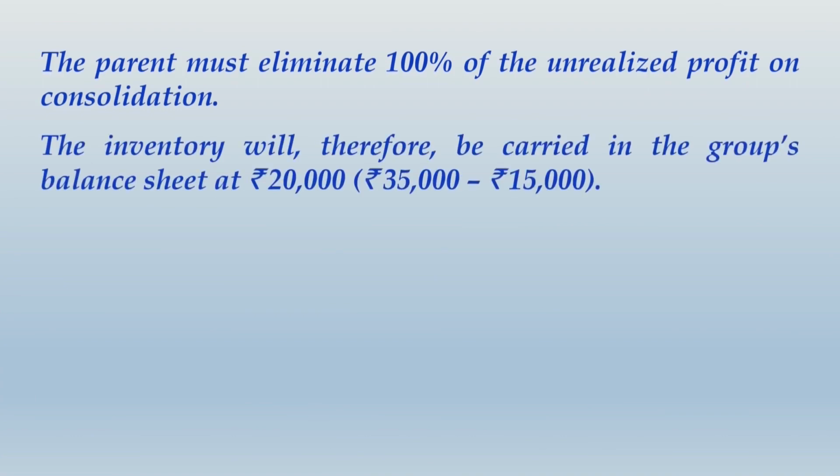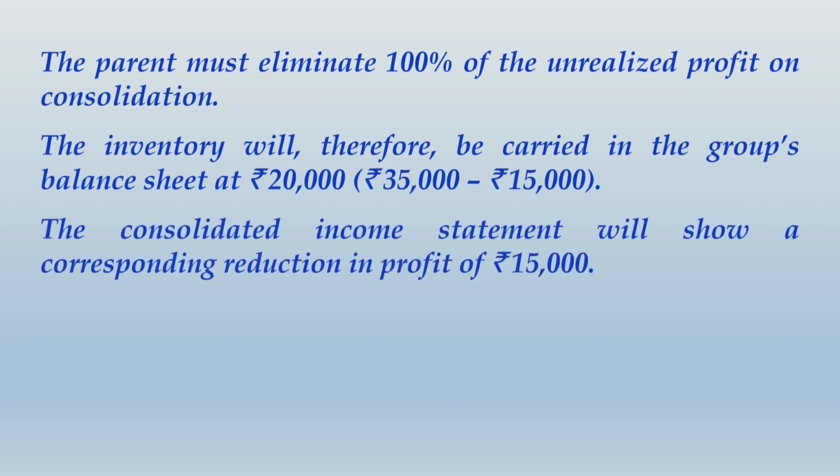The inventory will therefore be carried in the group's balance sheet at rupees 20,000, that is 35,000 minus 15,000. It gives you net of 20,000 as cost, and the consolidated income statement will show a corresponding reduction in profit of rupees 15,000. Write up this description and then I show you the entry part as well.